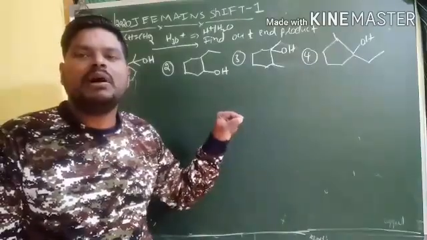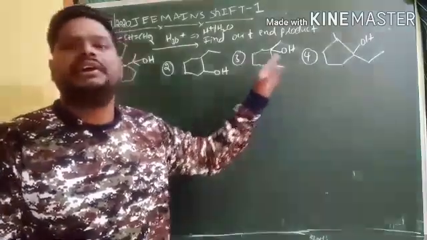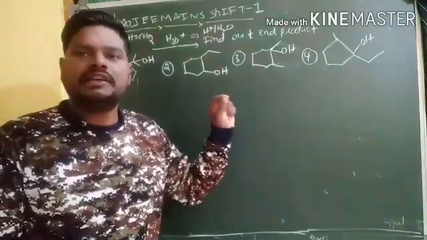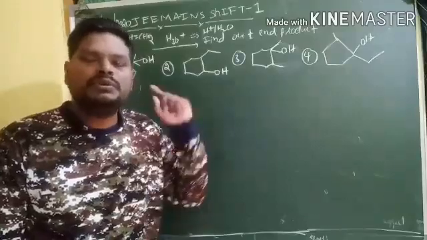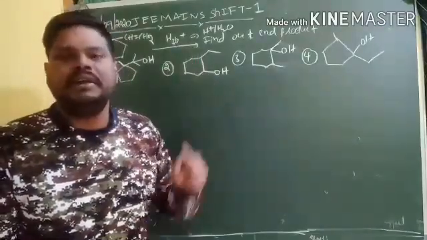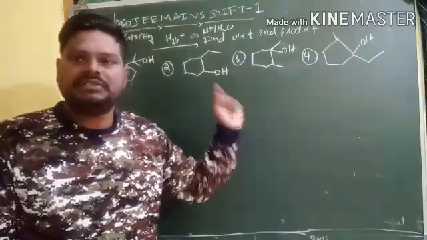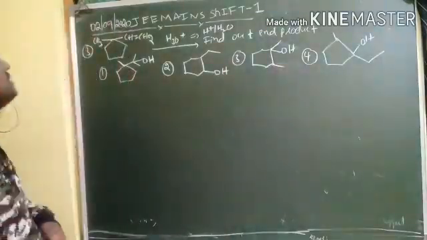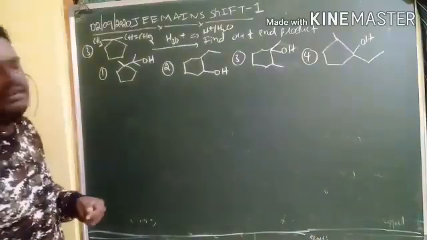So that's why it is Markovnikov. It is a special type of Markovnikov addition reaction, and ring expansion is going to happen. Right? So keep these 2 points in mind. Ring expansion is going to happen, and it is a special type of Markovnikov addition reaction. Right? So let me explain with the mechanism what happened here.